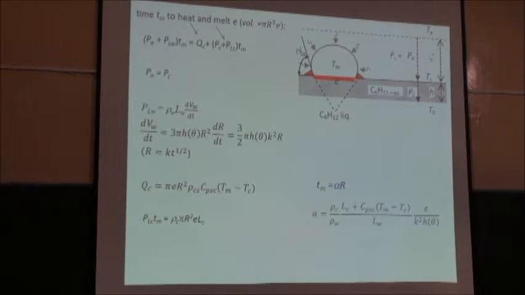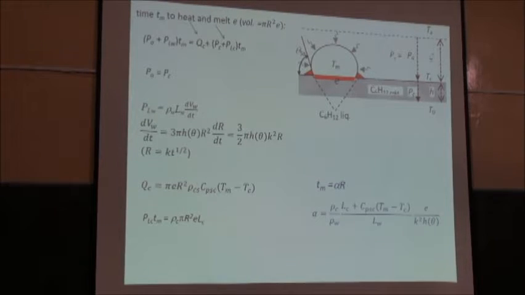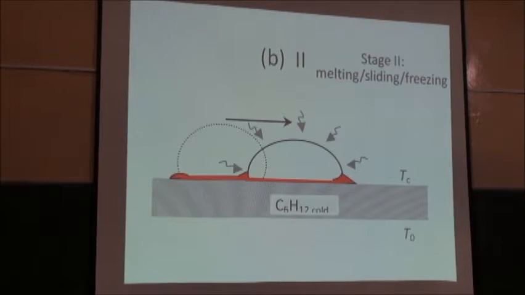So this is a formula that you could write by hand because it's really logical. So h of theta, that's only a prefactor like 2 pi divided by 3. K squared, that's the growth rate of the water droplets, and E, that's the thickness. Okay, so now, second stage, once the layer has melted, there is no pinning anymore.